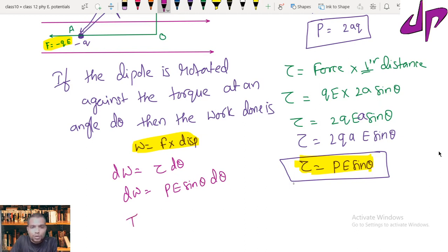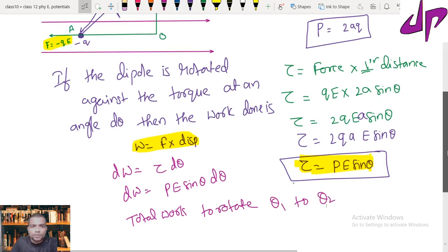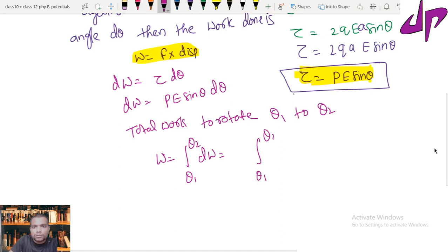To calculate the total work to rotate from θ1 to θ2, two different angles, we can do the integration. So W equals integral θ1 to θ2 dW, which equals integral θ1 to θ2 pE sin θ dθ.